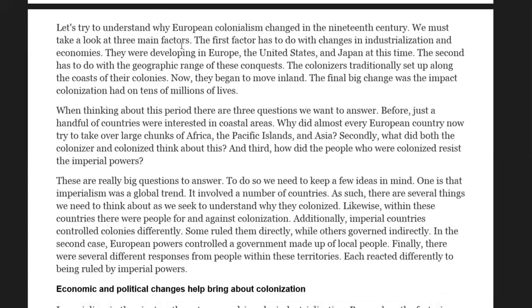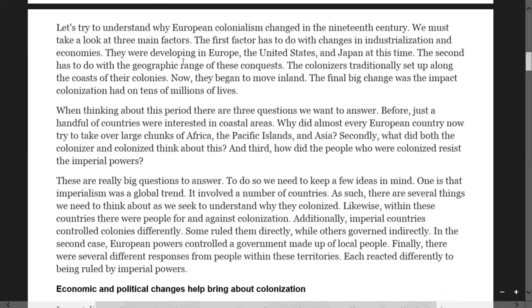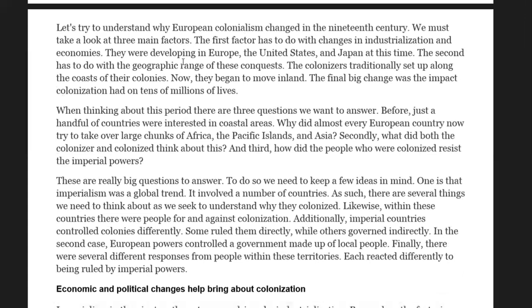The fact that this was now expanding worldwide, it was going on globally, and that the colonizers were now going farther into areas that they were colonizing instead of just staying on the coasts. Okay. And then also the really strong impact this increased colonization, imperialism really had on the people who lived there.